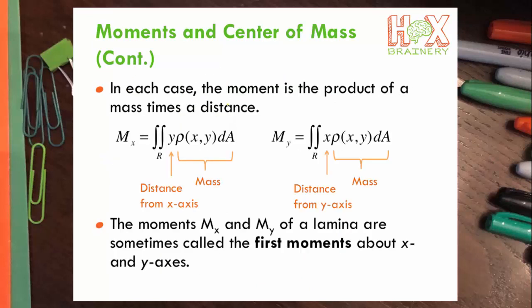Okay, in each case, the moment is going to be the product of the mass times a distance. So here we have the moment about the x, here we have the moment about the y. The moment about the x-axis is given by a double integral, where you have your mass like we did before, your density function times the area, your double integral over the region, except the only thing that's really new is this extra factor of y.